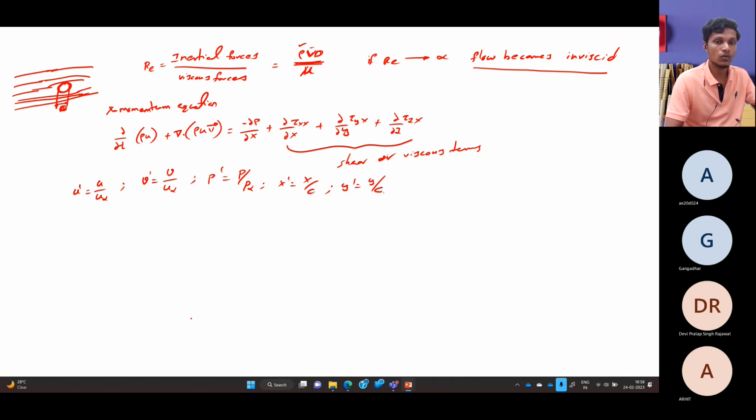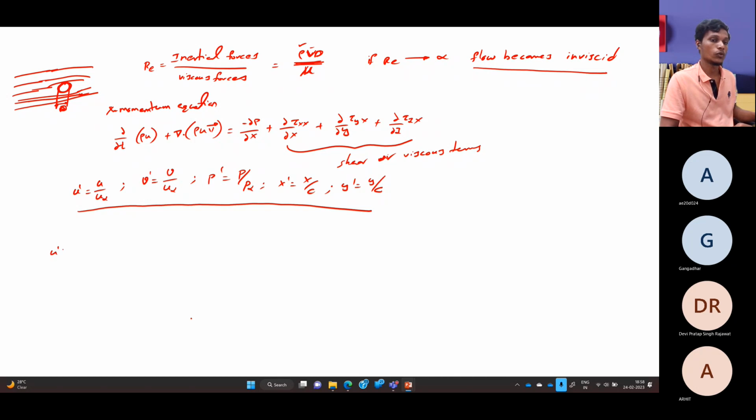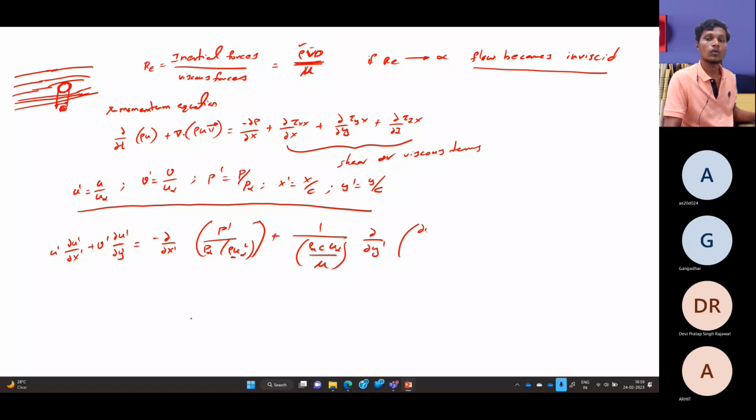Once you substitute these non-dimensional parameters in the above equation and simplify, you will get u prime dou u prime by dou x prime plus v prime dou u prime by dou y prime is equals to minus dou by dou x prime of p prime by p infinity by rho infinity u infinity square, plus half rho infinity c u infinity by mu times dou by dou y prime of dou v prime by dou x prime plus dou u prime by dou y prime.